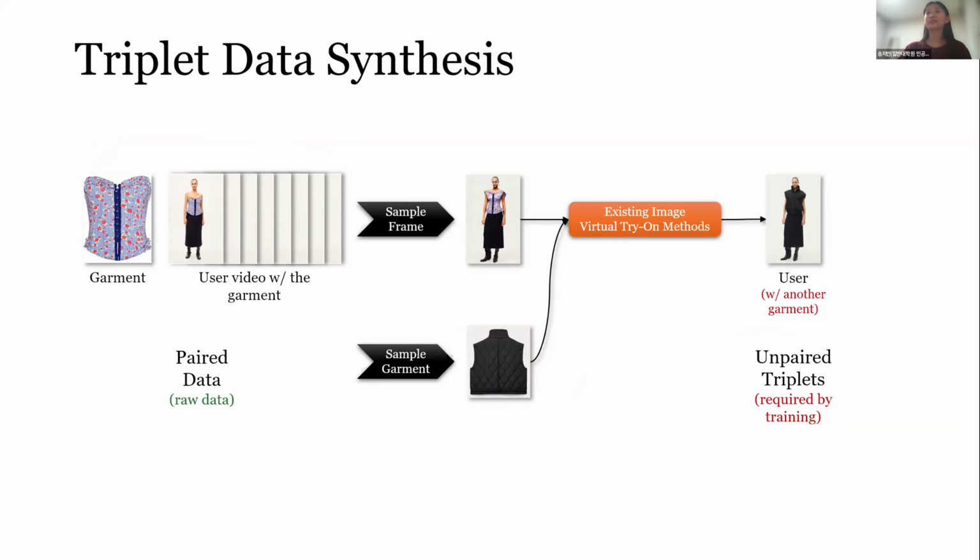I have another question. In your method, you use motion source video. So extracting pure motion while removing the identity information seems quite hard.